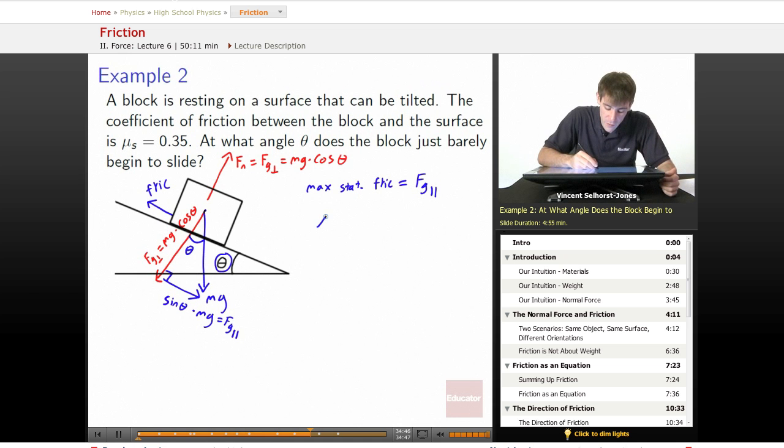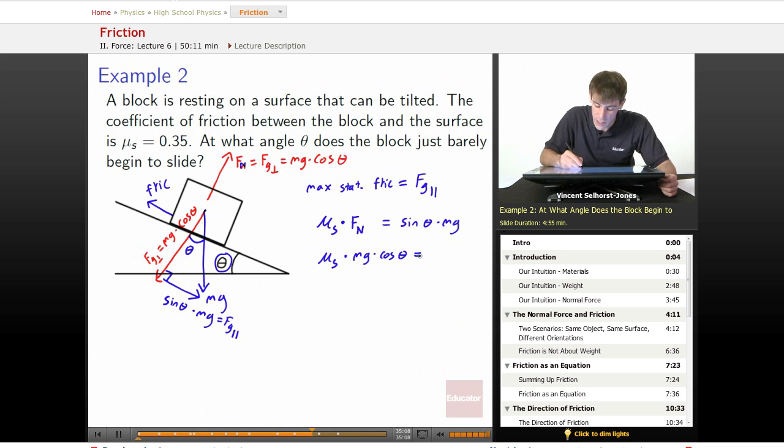So what's maximum static friction? That's mu s times Fn, with a capital F, is equal to Fg parallel, which is sine theta times mg. What's Fn? Mu s times mg times cosine theta equals sine theta times mg.